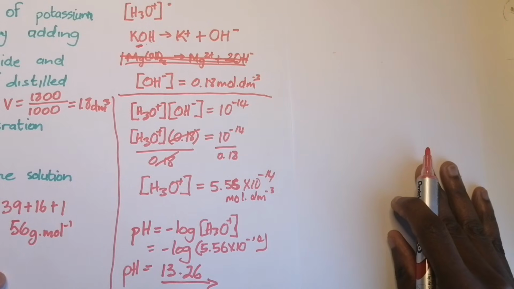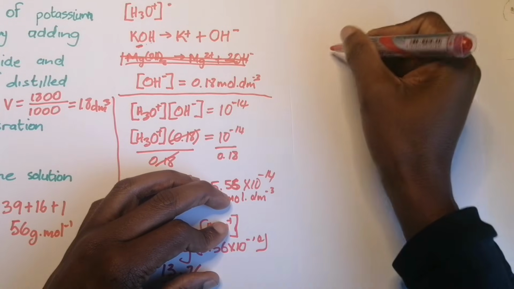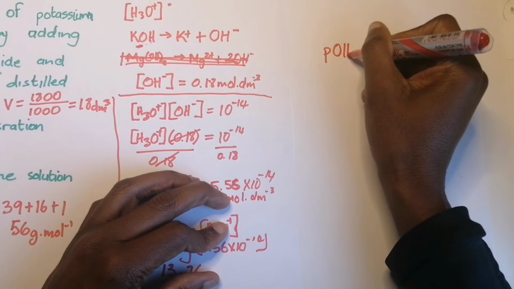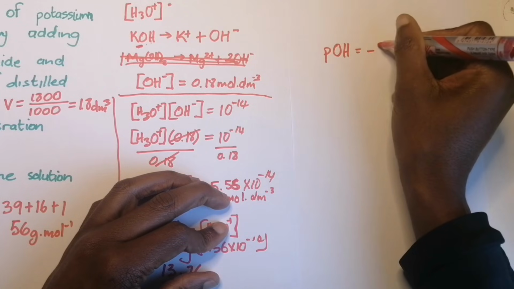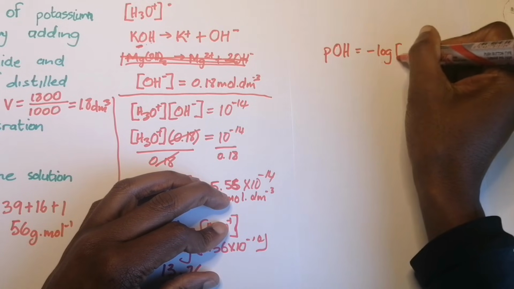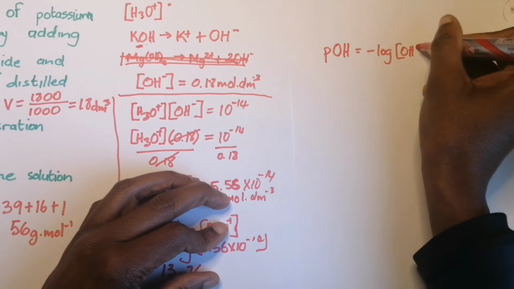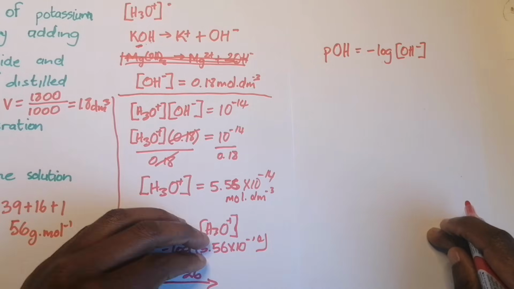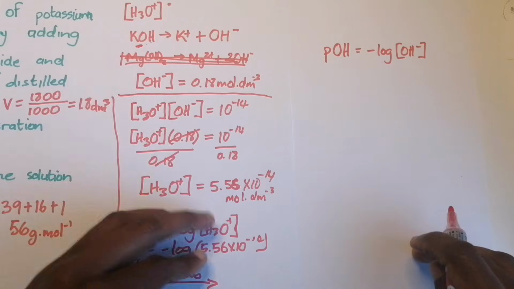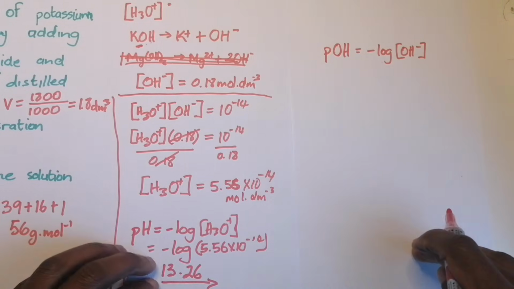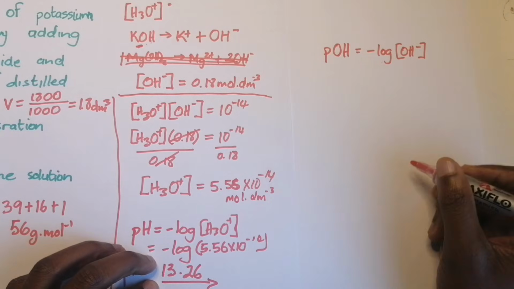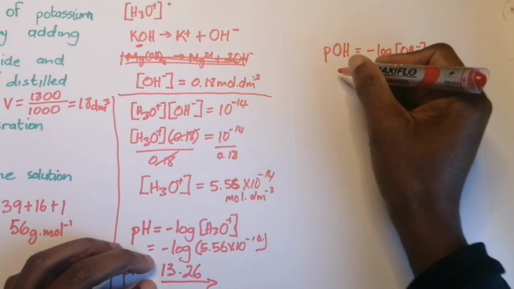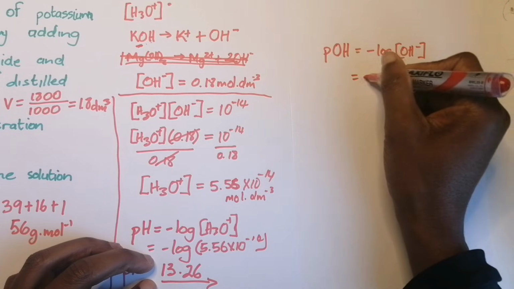To show you the other method, pOH is minus the log of our hydroxide ion concentration. Please remember, I'm doing exactly the same question. It's just a different approach. Whether you prefer this one or that one is up to you. And maybe I should give a warning about this one. I'll tell you what the warning is a little later on.